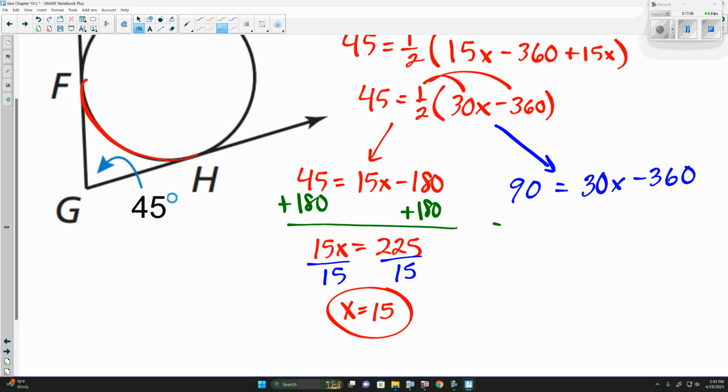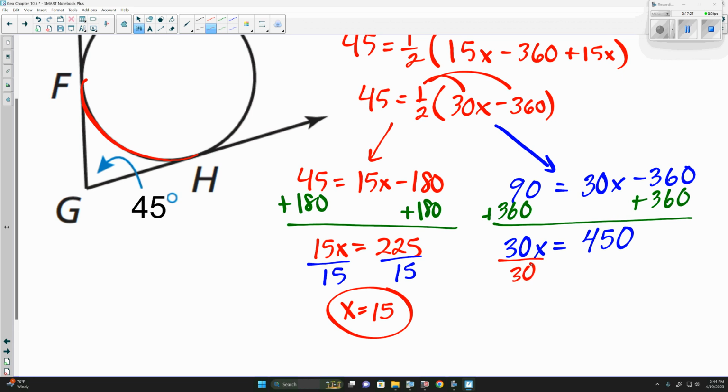Now, at this point here, we can add 360 to both sides, telling us that 30x is equal to 450, yes? And then we would do what? Divide both sides by 30. And x is still 15. So we could do it either way.